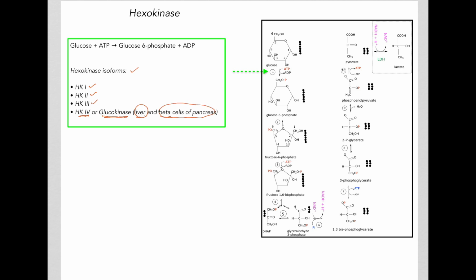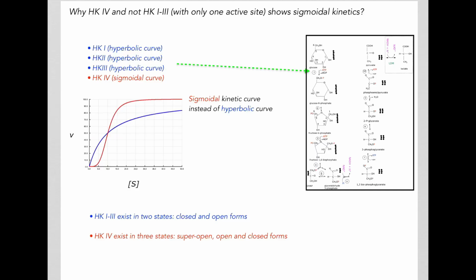And these two organs are very important in maintaining our blood glucose, because as you know, beta cells of the pancreas secrete insulin, and of course the liver plays a very important role, as we saw in starvation and what happens after a meal in previous videos. The liver plays a very important role in maintaining blood glucose.